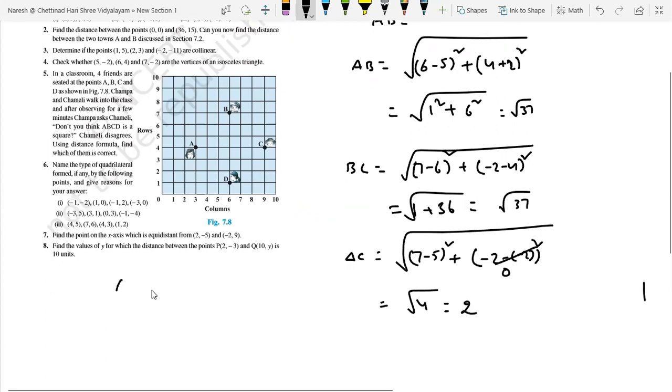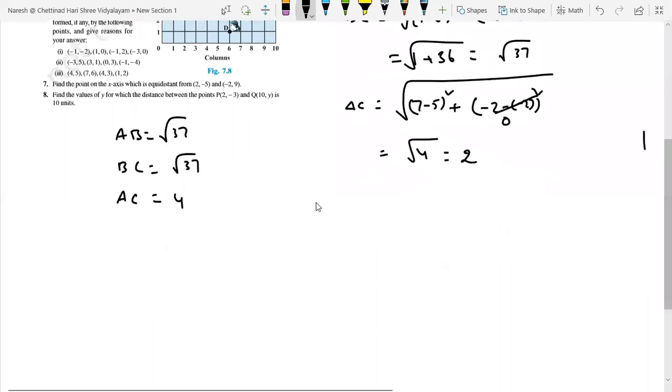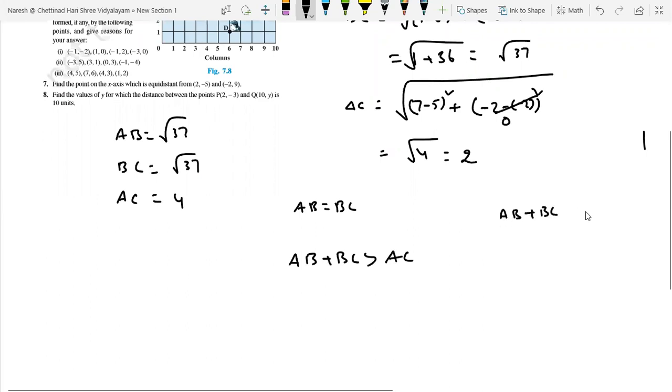So I got AB equal to root 37, BC equal to root 37, and AC equal to 2. We have to show two conditions here. The first is AB is equal to BC, and AB plus BC is greater than the third side. Because if AB plus BC is greater than the third side, then only it will form a triangle.